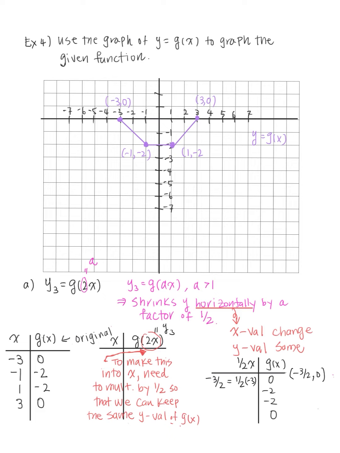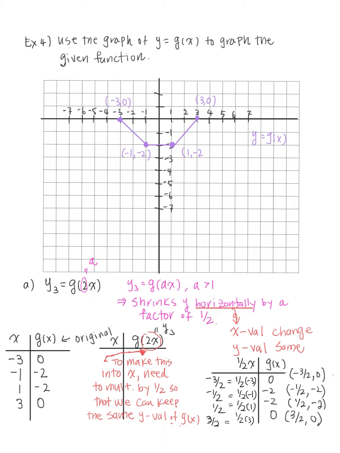The next one is 1/2 times -1, which gives us -1/2. So we plot -1/2 comma -2. The next one is 1/2 times 1, which is just 1/2, so we get 1/2 comma -2. And the last one, I'm going to try to squeeze it in here: 1/2 times 3, that's 3/2. Sorry, so this is going to be 3/2 comma 0.